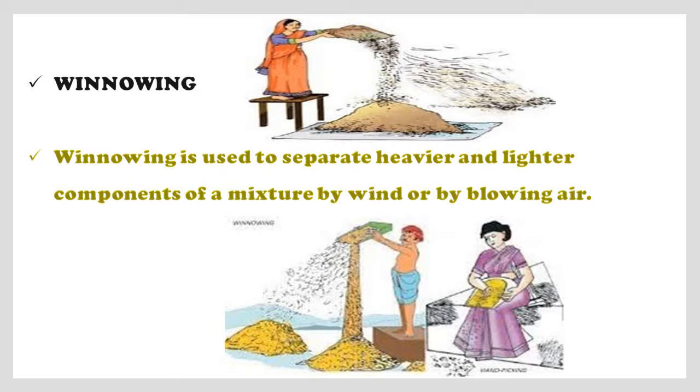So, the husk particles are carried away by the wind. The seeds of grains get separated and form a heap near the platform for winnowing. The separated husk is used for many purposes, such as fodder for cattle. What do you mean by fodder? Fodder means food of dried grass for cattle.